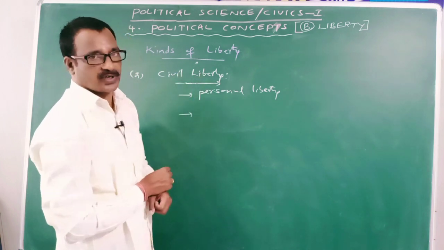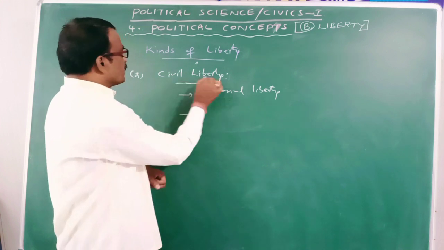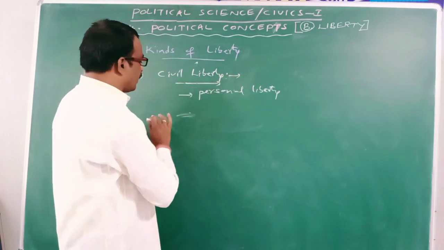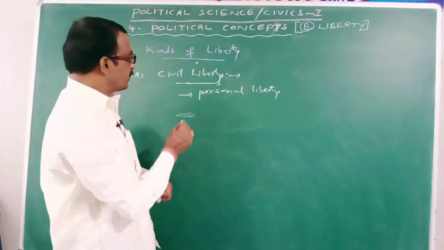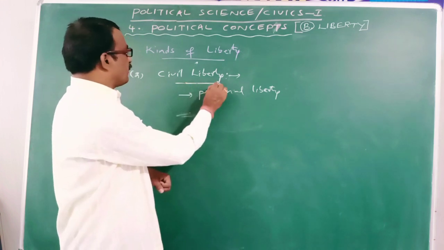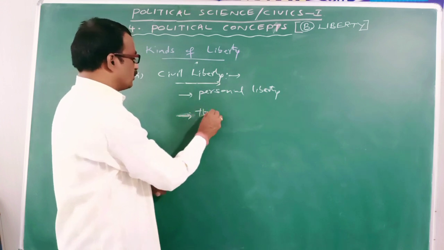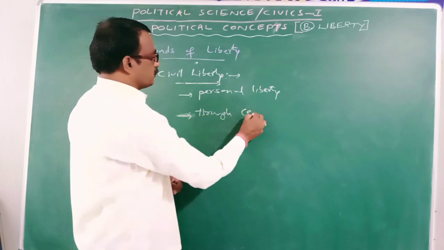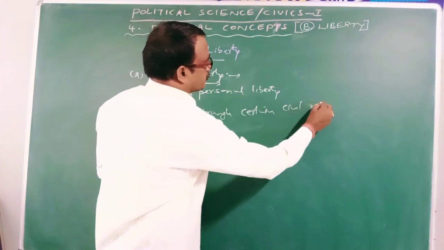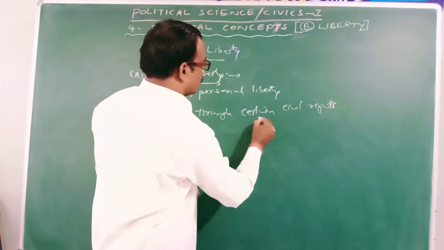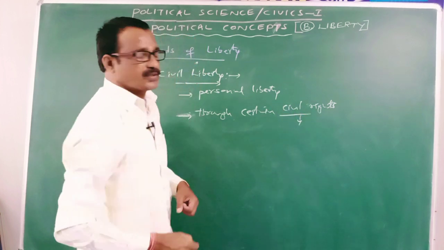Clear? If individuals are free from restrictions in the civil society under the legal framework, it is called civil liberty. Then civil liberty is manifested through so many rights. Which rights? Civil rights. It means we can enjoy civil liberty through certain civil rights. So what are the civil rights?